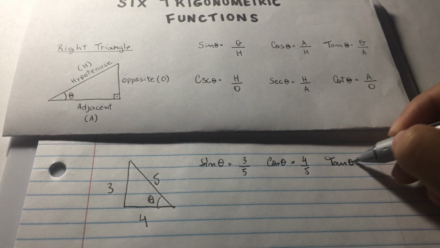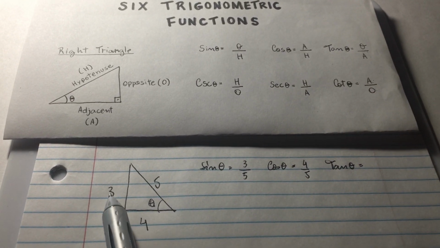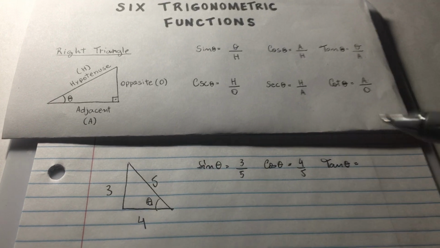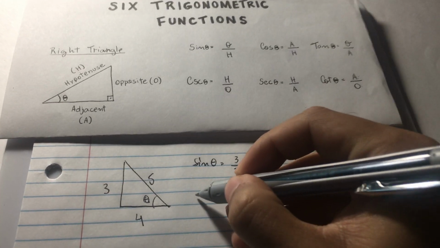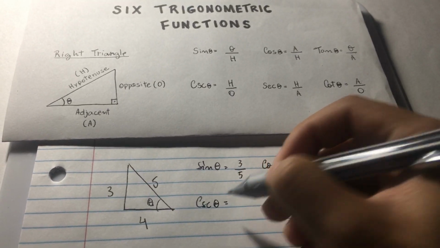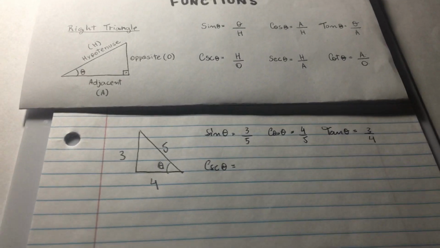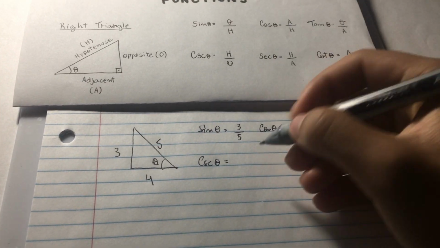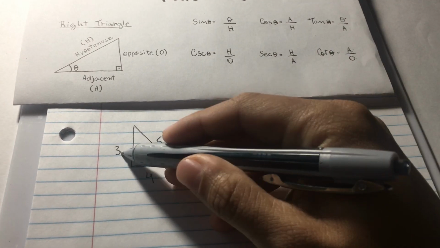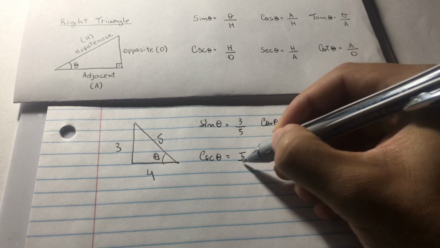Tangent of theta is going to be equal to the opposite over the adjacent, 3 over 4. Cosecant of theta is going to be equal to the hypotenuse over the opposite side, 5 over 3.